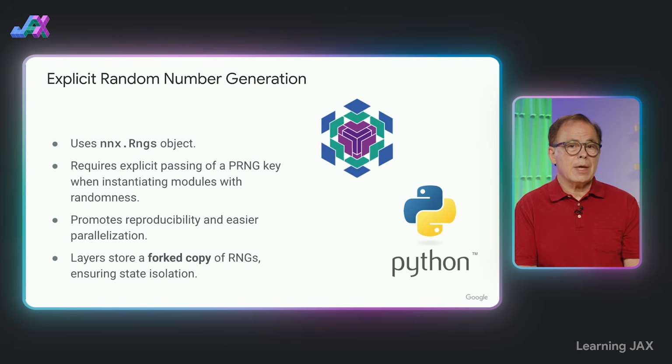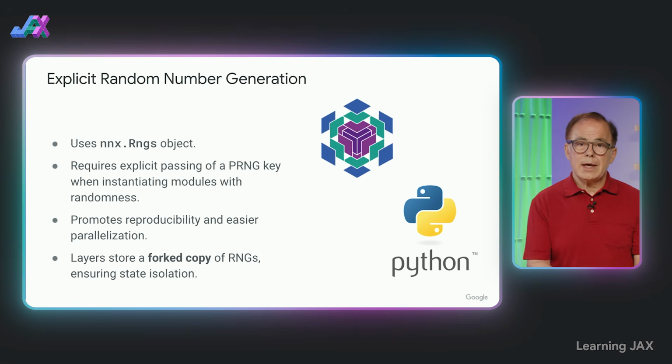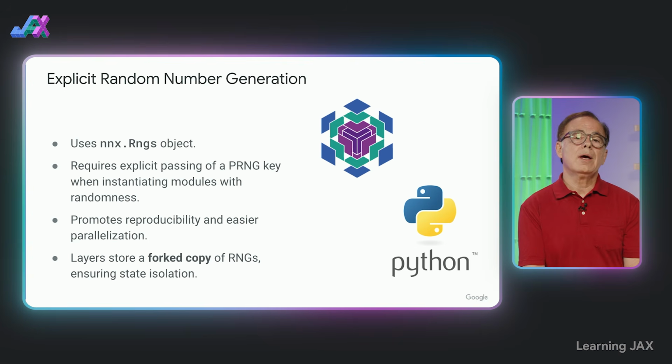This might seem like a small detail, but it's a huge win for preventing subtle bugs. It means that two layers can't accidentally use the same RNG stream, which makes building complex, vectorized, or scanned models much safer and more predictable.